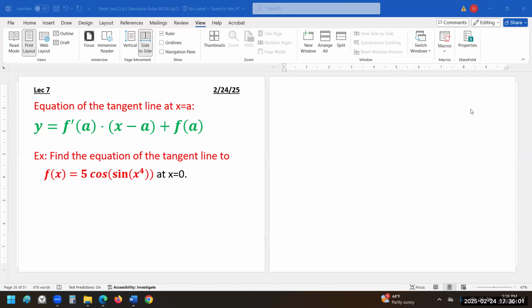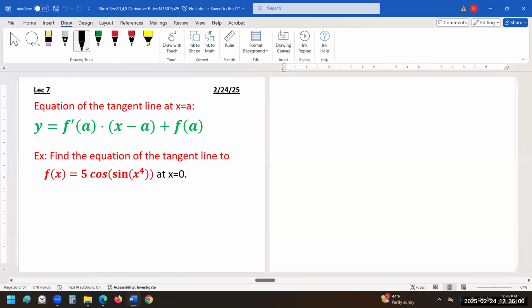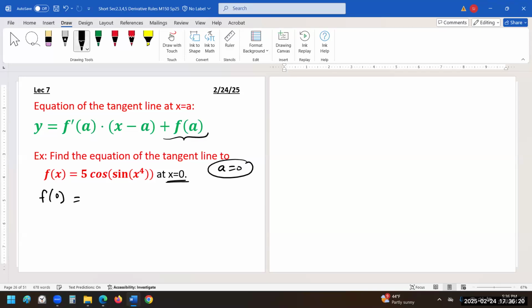So in this question, they gave us only the x value. They didn't give us the y value. So I'm going to first find the y value, f of 0. Here our a is 0. So f of a means find f of 0.